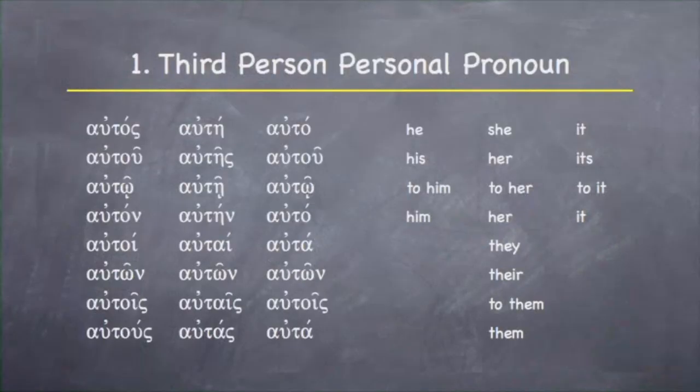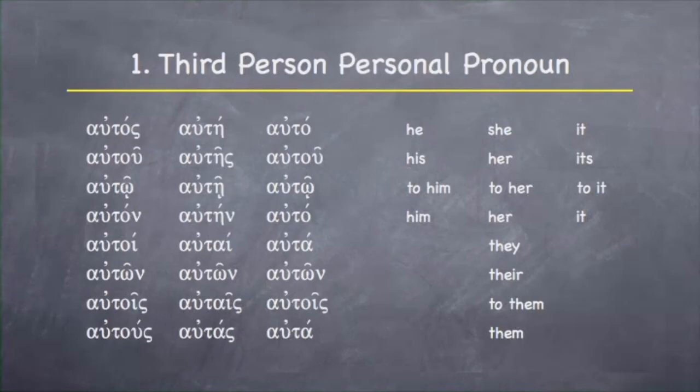Let's take a look at the paradigm. When you look at the paradigm, you can see that autos, autu, auto, auton mean he, his, to him, him. Okay, no big deal. And you've got the feminine, you've got the neuter. When you get into the plural, though, you'll notice that in the Greek, we do distinguish gender. And all that you're really going to have to realize is that fact, because no matter whether it's autoi or autai or auta, in English we say they.